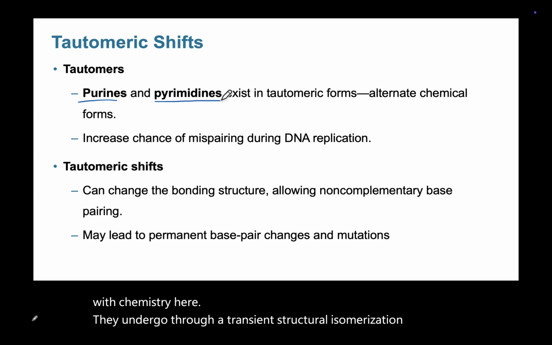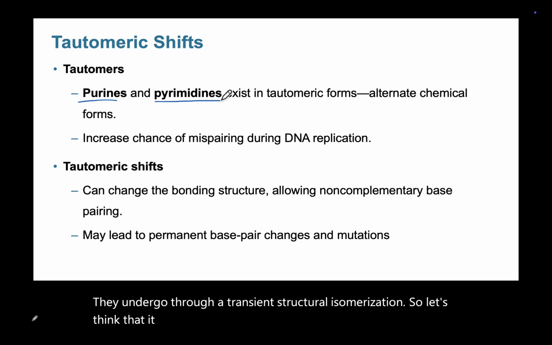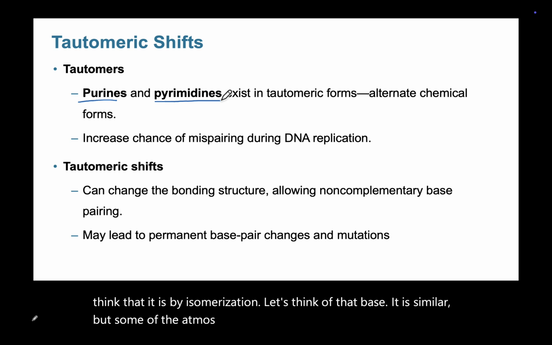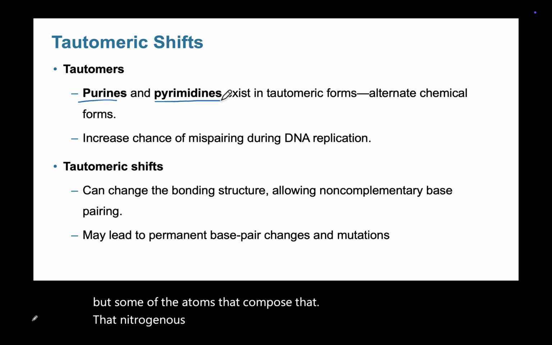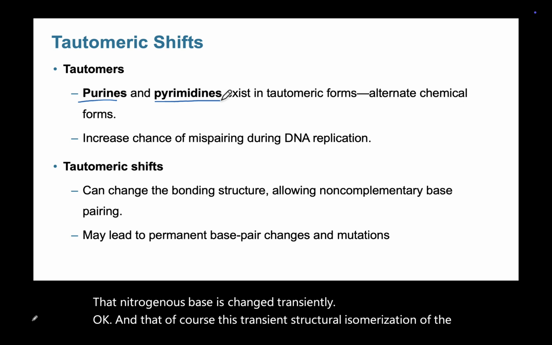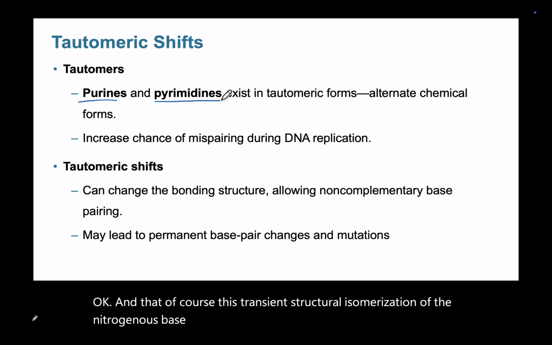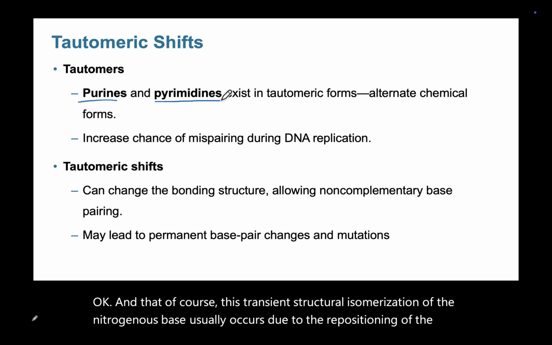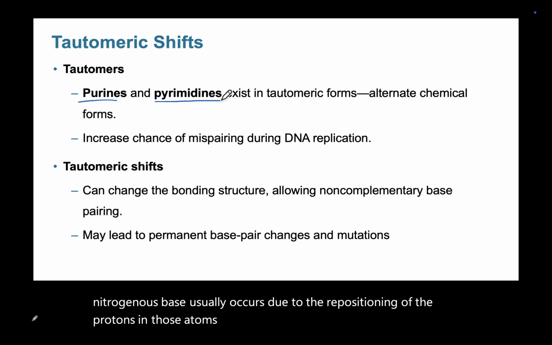So let's think that the base is similar, but some of the atoms that compose that nitrogenous base are changed transiently, okay? This transient structural isomerization usually occurs due to the repositioning of the protons in those atoms, which then leads to this tautomeric form.